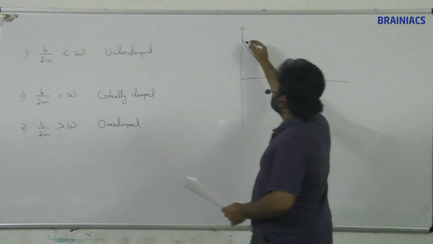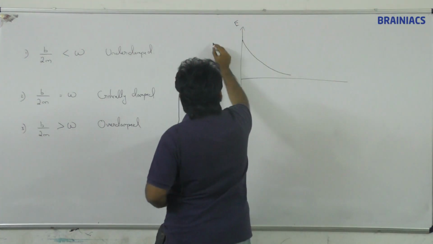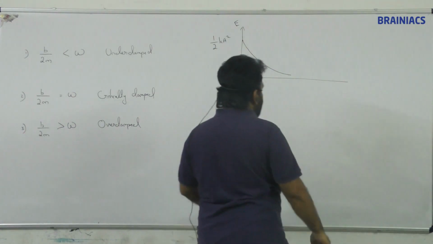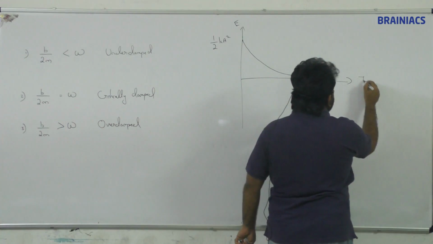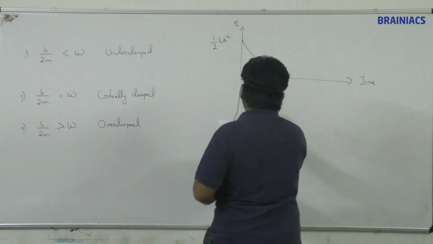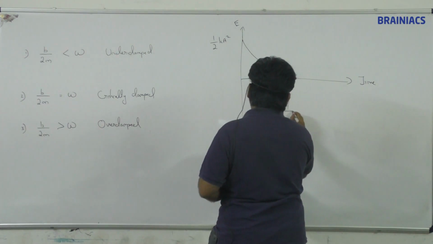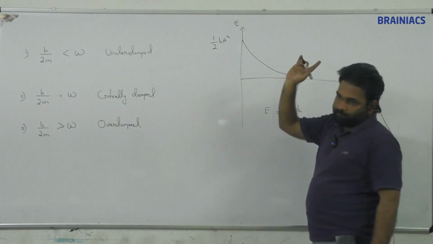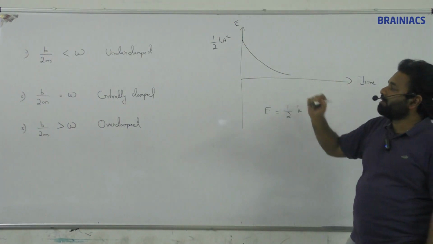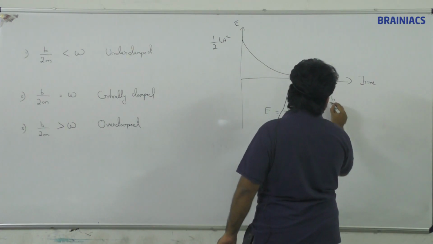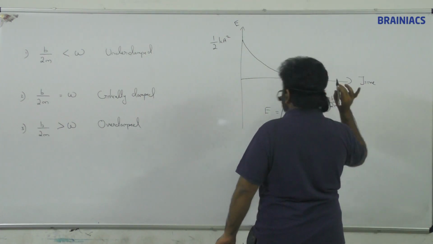Correct? So if this is energy, the total energy was half k a square. But with time this will start decreasing exponentially. I could say E is equal to half k a square, where the amplitude is now a e raised to minus b by 2m into t.